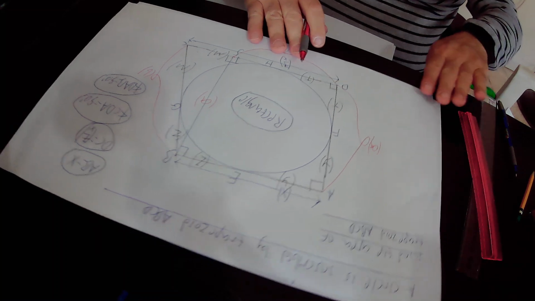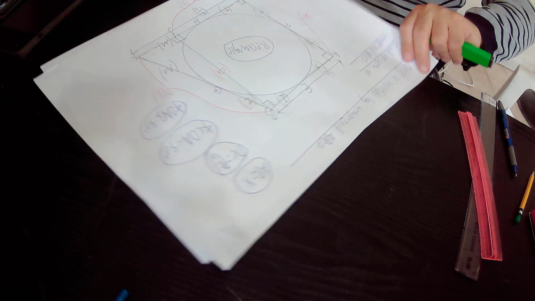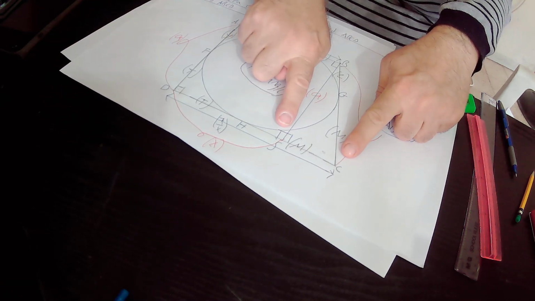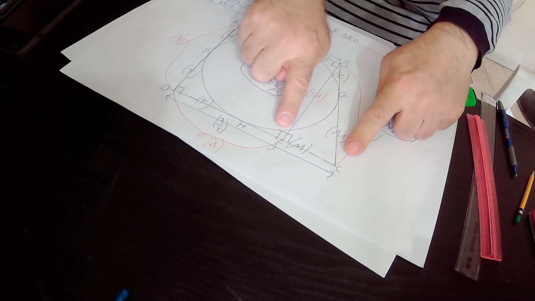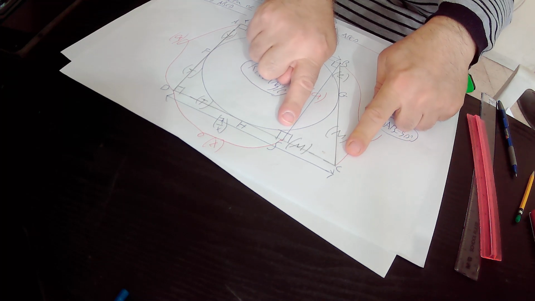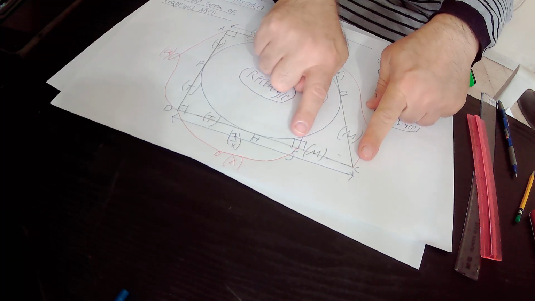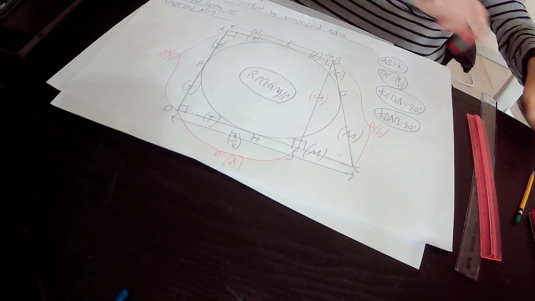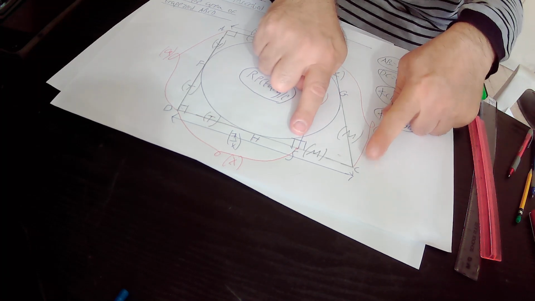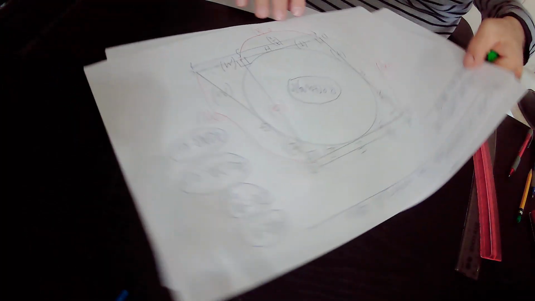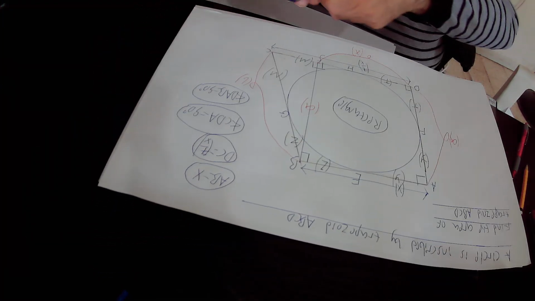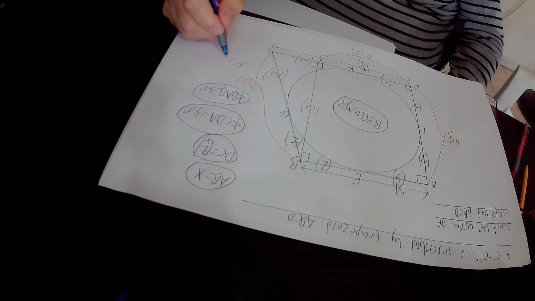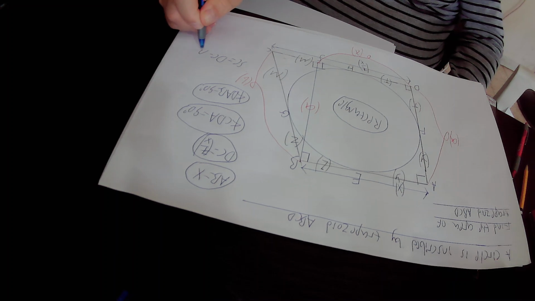What is the length of this side SC of triangle BSC? From the drawing it is very easy to see that SC equals DC minus DS. So write it down. Again, SC equals DC minus DS.